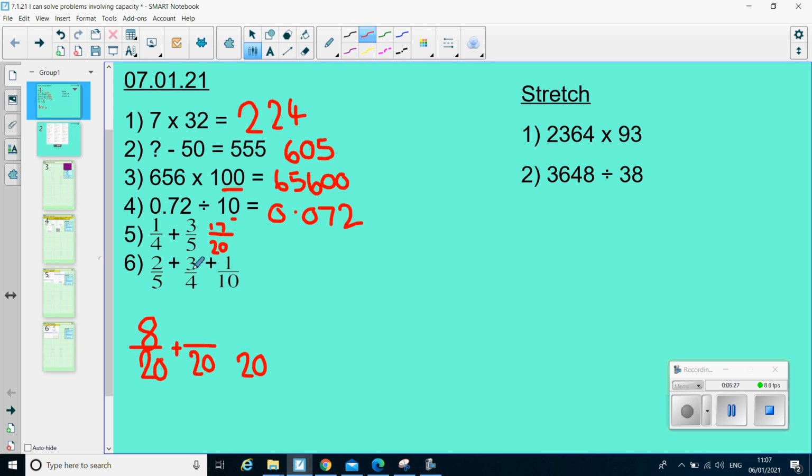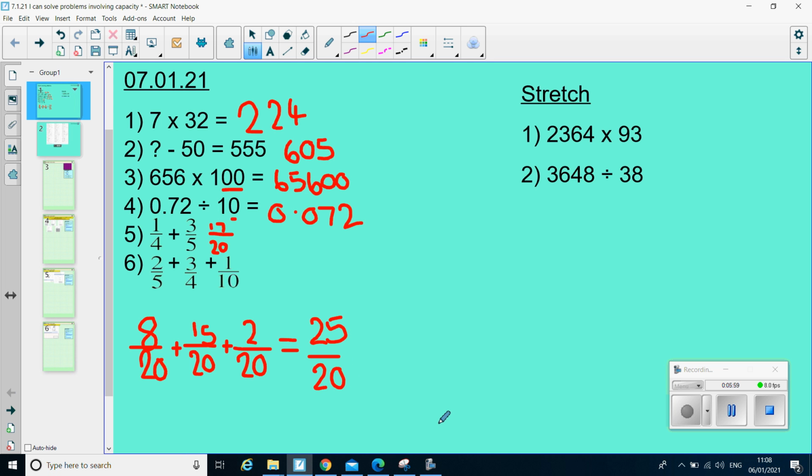I must do the same to the top. 3 times 5 gives me 15 on the top. And the last one, what do I times 10 by to give me the denominator 20? Timesing it by 2, so I've got to do the same on the top. And then I just add my fractions together. So 8 add 15 is 23. Add my 2 gives me 25. So my answer is 25/20ths.